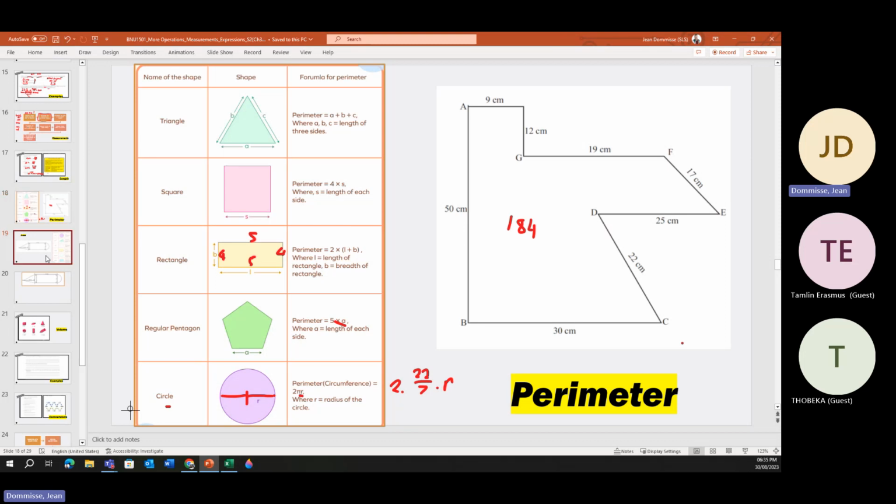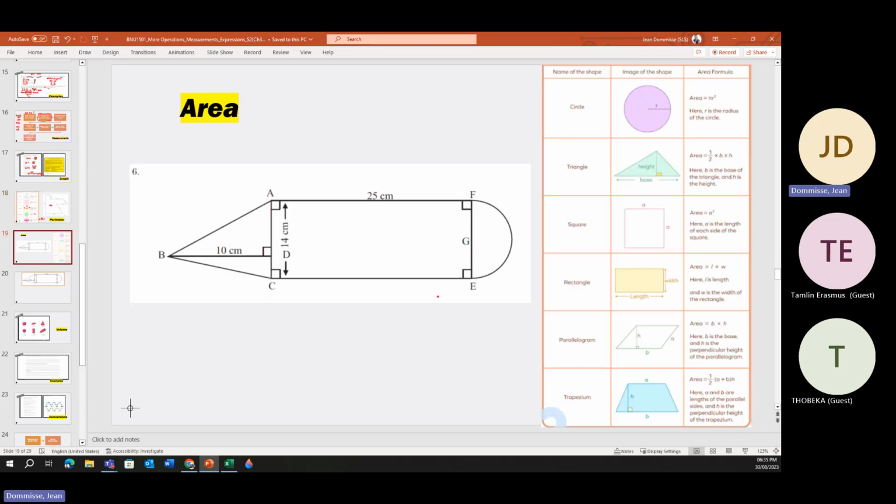The next one that we will go into is area. So again, if you look at area, what I added here is a few different shapes that you might come across.